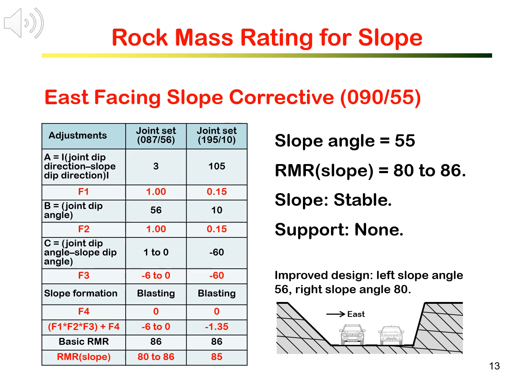As also illustrated by the diagram on the lower right, with slope angle at 55 or 56 degrees, the east-facing slope does not have sliding problems. In fact, we can optimize the slopes by cutting the left slope to 56 degrees and the right slope to a steeper angle, say 80 degrees.